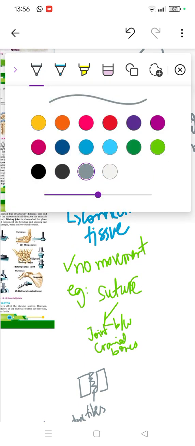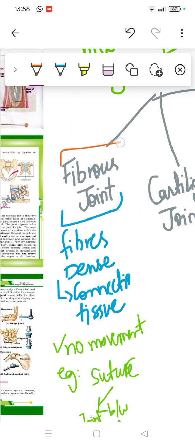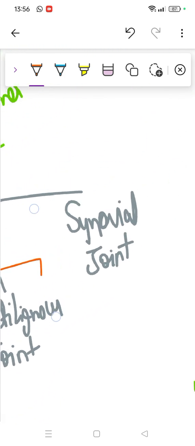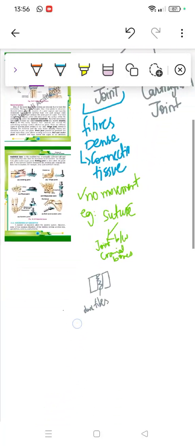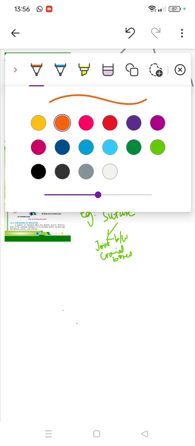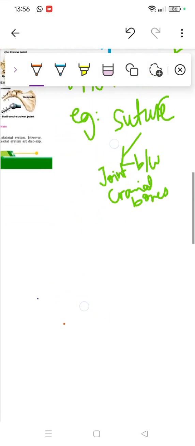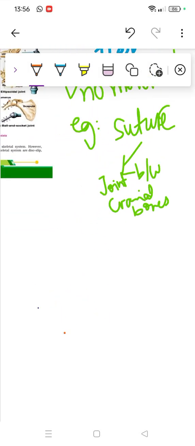But this was all on the basis of their appearance. On the basis of the working, fibrous joints have no movement, cartilaginous have slight movement, and synovial have complete, full movement. On the basis of movement we call them something else. What do we call them? So here we also call the fibrous joint a synarthrosis.